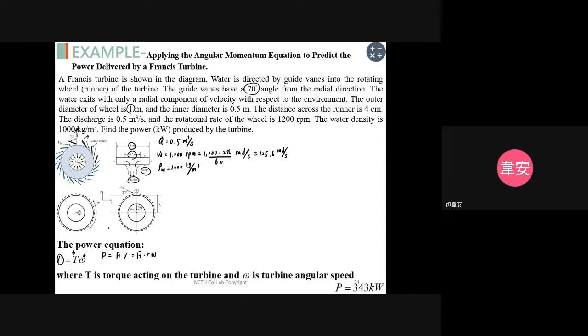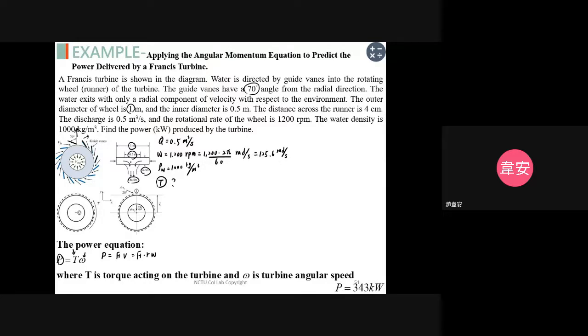So the key question here is that we didn't know the moment T. This is our unknown parameter. So we need to use the angular momentum equation to compute the moment.